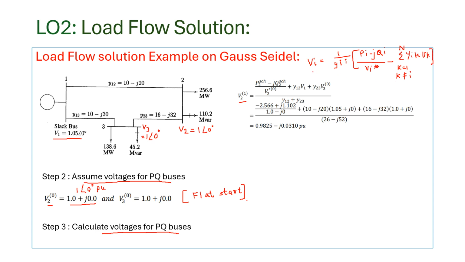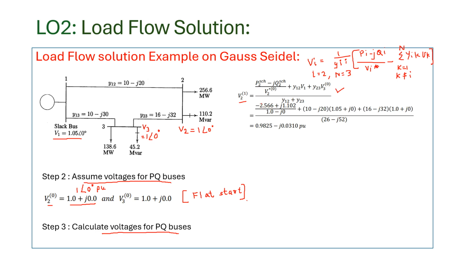Now in this video we are calculating voltage at the second bus, so we have to take i value as 2, and the present problem is a 3 bus system, so we have to take the value of n as 3. So substituting i is equal to 2 and n is equal to 3, expanding the summation, we get this equation. Now we have to substitute the values.